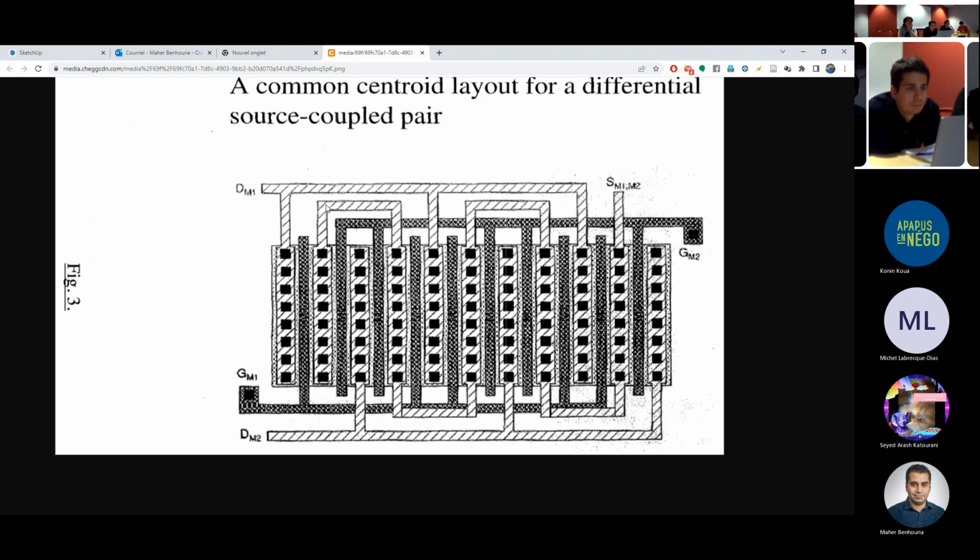We should maybe go through what symmetry is. Let me draw on the whiteboard. Symmetry is like when you have two transistors. This is the source, this is the drain, and this is the gate.